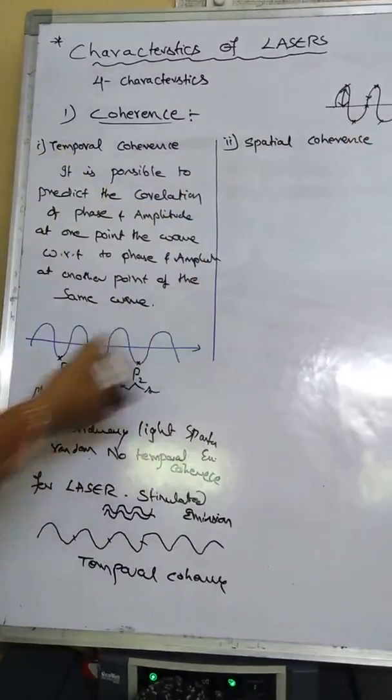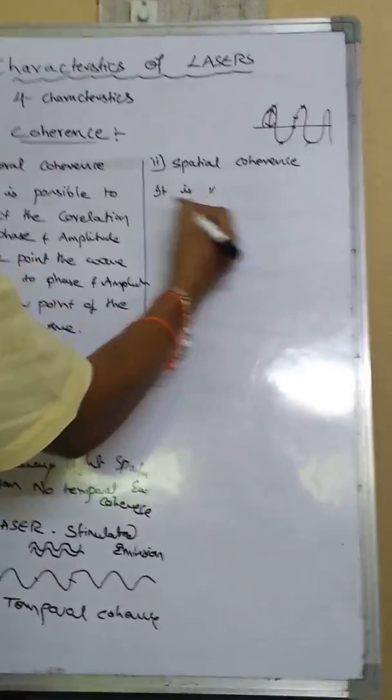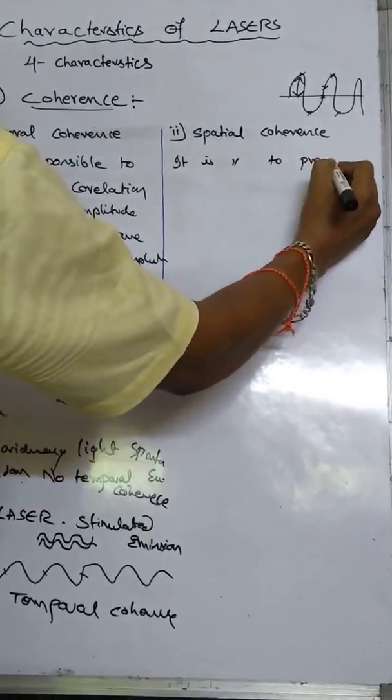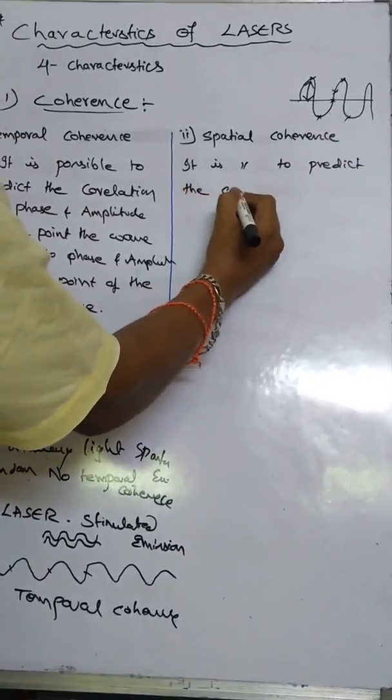And coming to spatial coherence, it is the same definition: it is possible to predict the correlation.